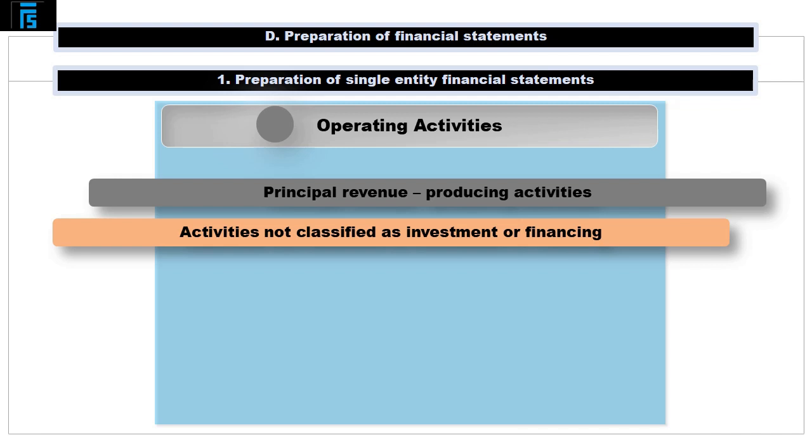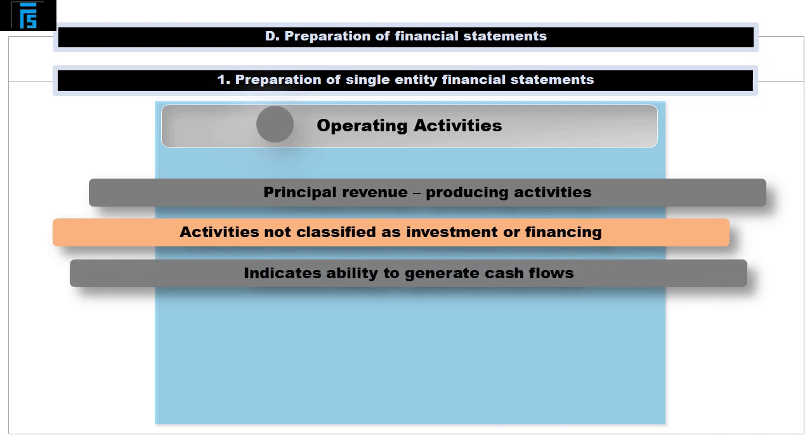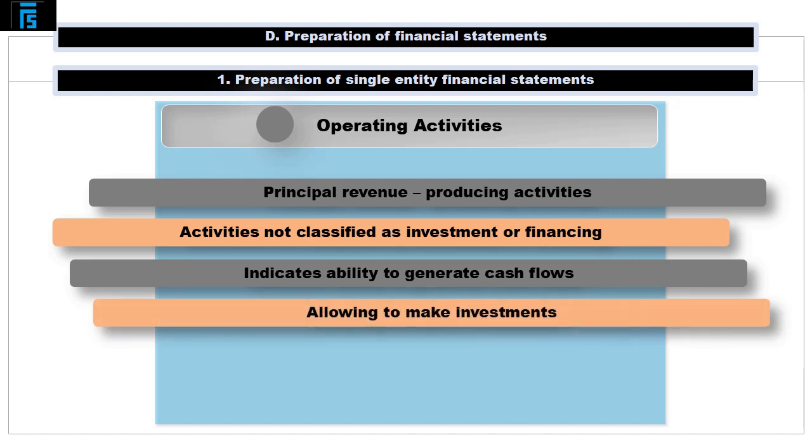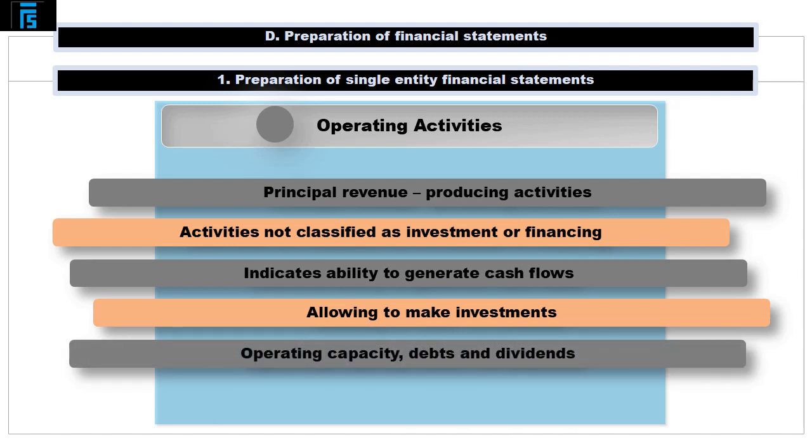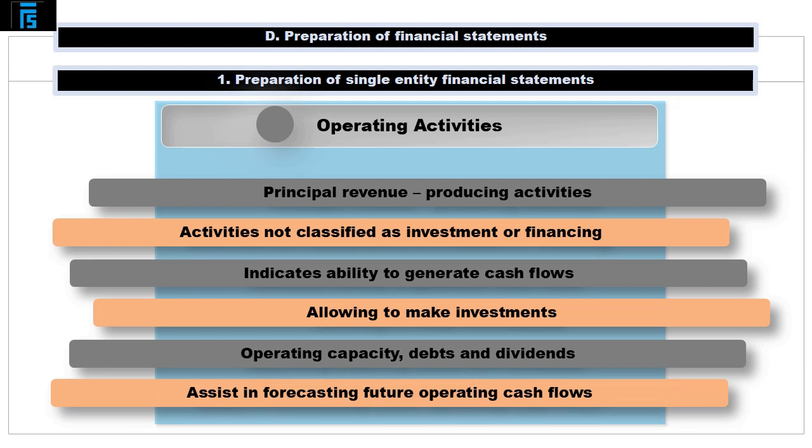It provides a critical indicator of the extent to which a company is able to generate cash flows, which should allow it to make investments with the aim of maintaining or even increasing its operating capacity, service its debts, and pay dividends to shareholders. Moreover, information about the components of historical operating cash flows may assist analysts in the process of forecasting future operating cash flows, especially when used in conjunction with other financial statements information.